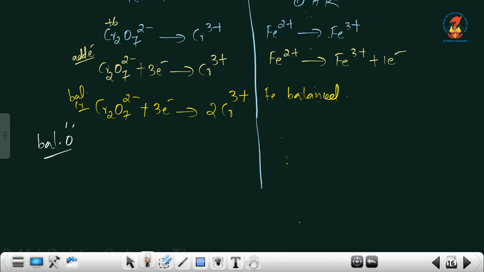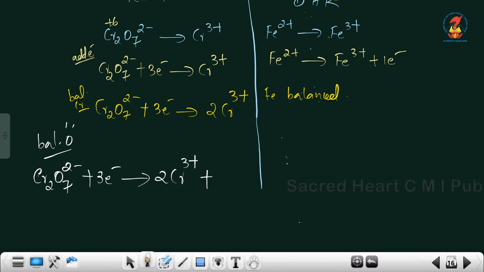So how to balance oxygen? Where there is deficiency of oxygen, add an equal number of water molecules. So the equation becomes Cr2O7 2 minus plus 3 electrons giving 2Cr3 plus, because here we have deficiency of 7 oxygen on the right hand side.